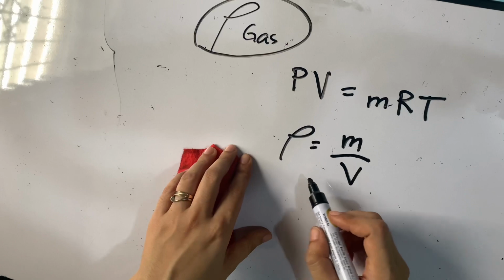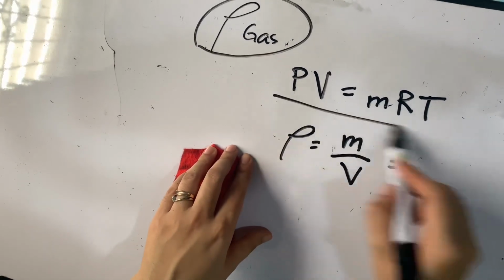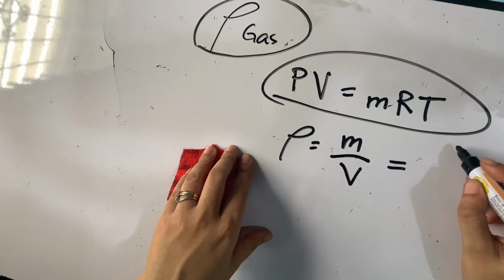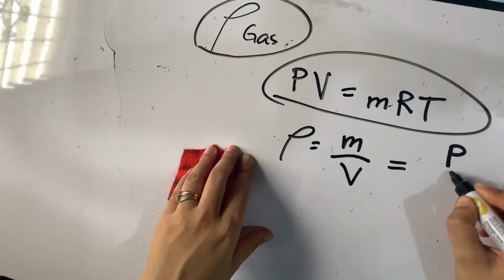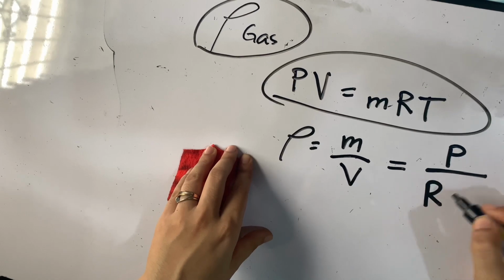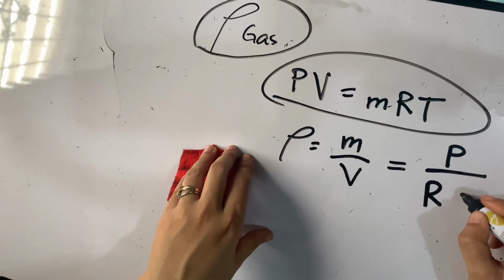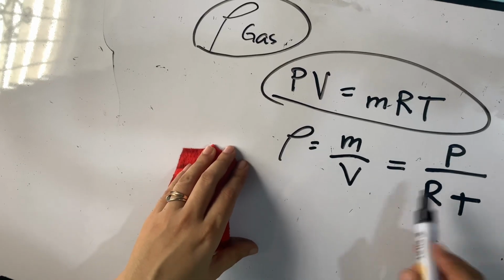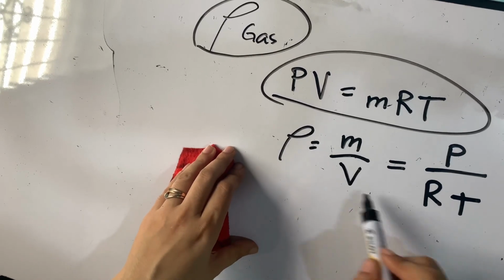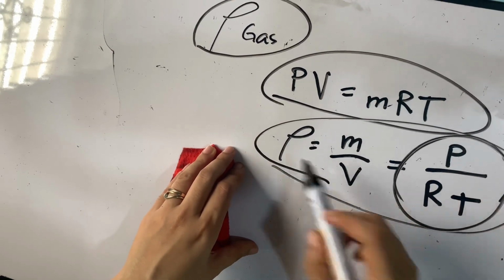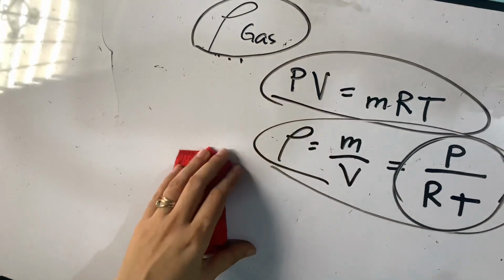So mass over volume from this formula is equal to the absolute pressure over the gas constant R times the absolute temperature. This will be the formula to get the density of gas.